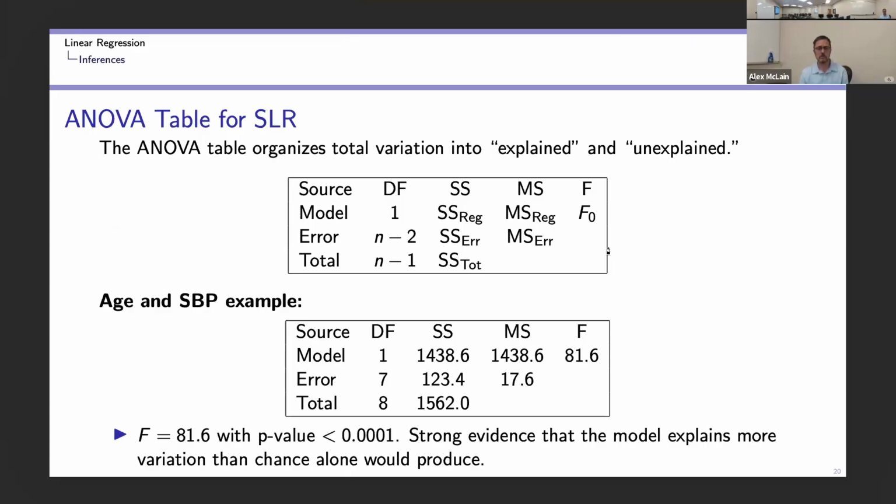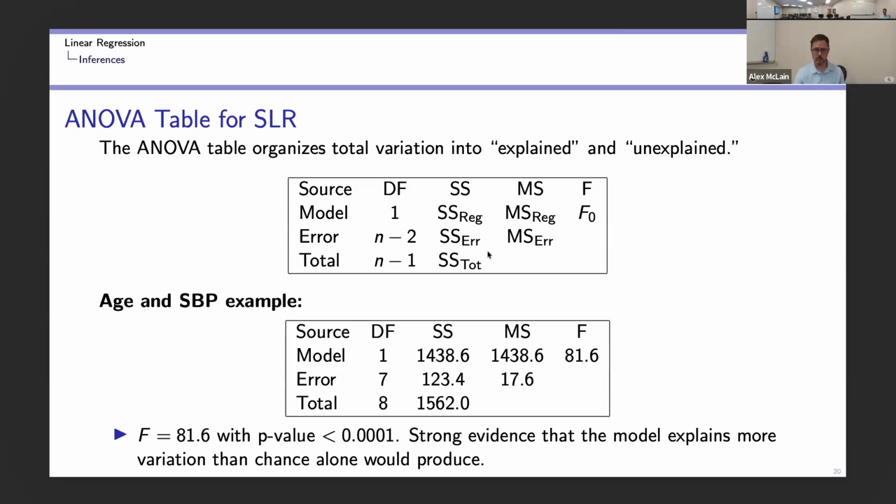The ANOVA table is really going to break down the different sources of variation for the entire model. So this SS reg is going to tell us how much of the variation is explained by the regression model. SS error is going to be the remaining, how much is the error. SS total is going to be the total variation in the outcome.